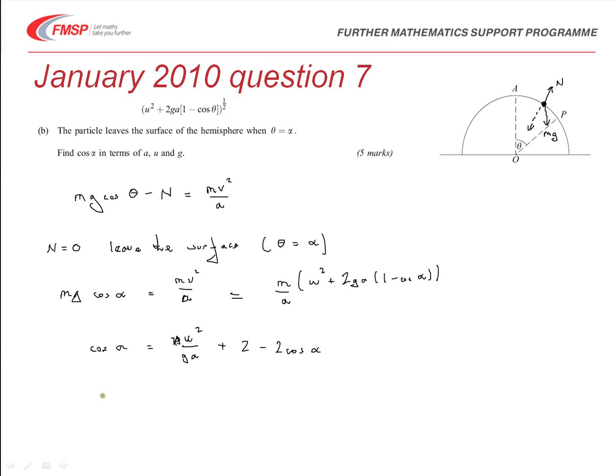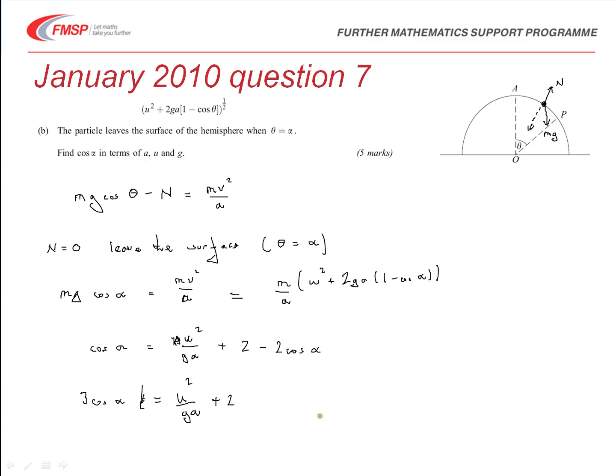We can now take the 2 lots of cos alpha across to the other side, and we'll get 3 cos alpha equals u squared over ga plus 2.